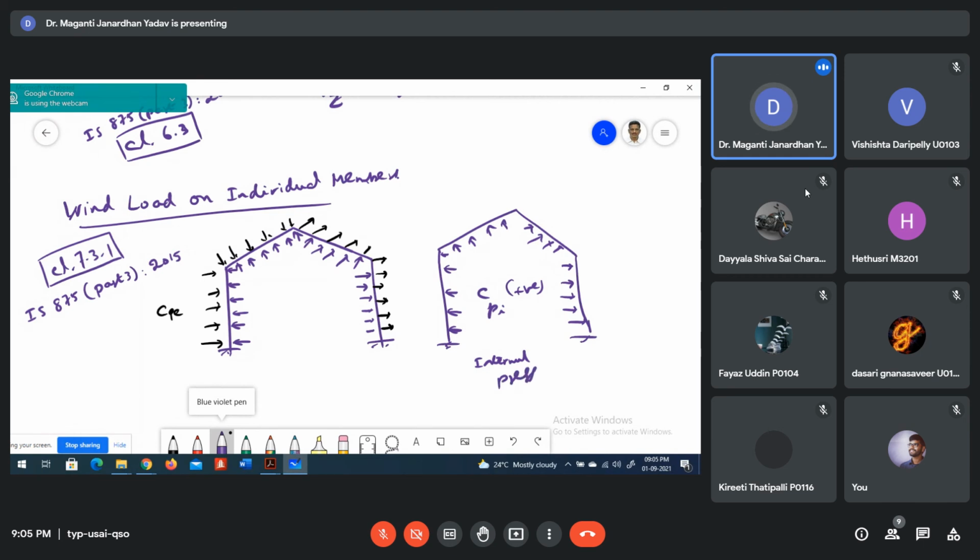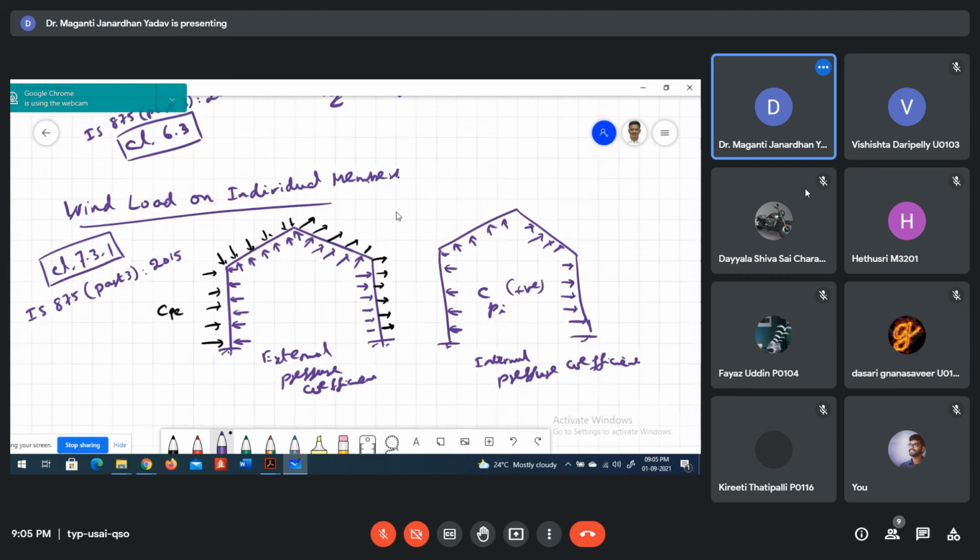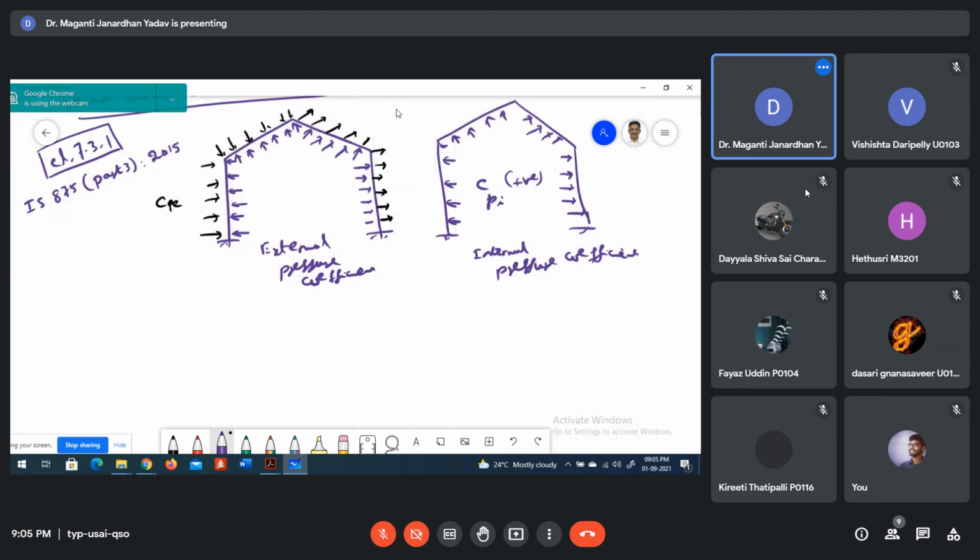Internal pressure coefficient. Instead, there can be suction also completely.